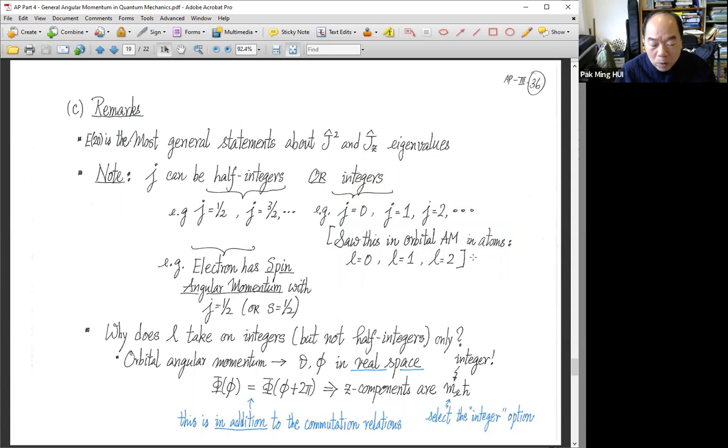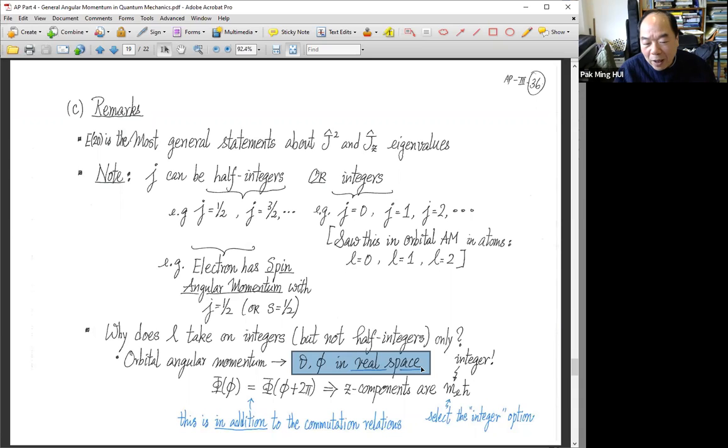Now you go back to what you did in orbital angular momentum. You solve it in the theta phi spherical coordinates. That is to say, you solve it in a particular real space of the particle with the angular coordinates theta phi. In this context, more physics is fit into the problem.